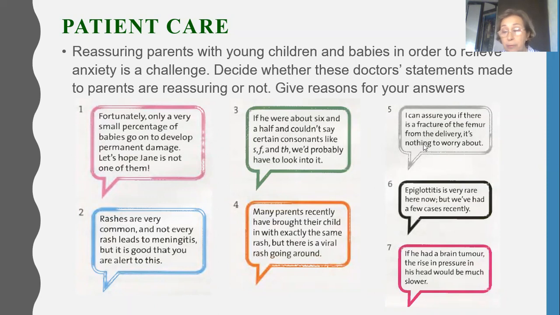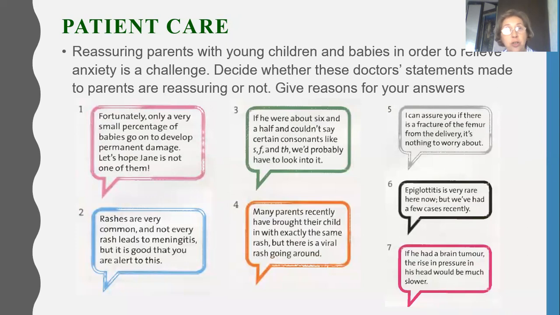Okay, number 5. So Jeren, please. I can assure you, if there is a fracture of the femur from the delivery, it's nothing to worry about. Is it reassuring? Okay, so for me it's not reassuring because there is a fracture.